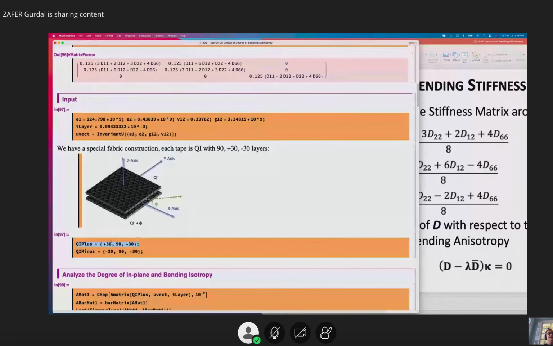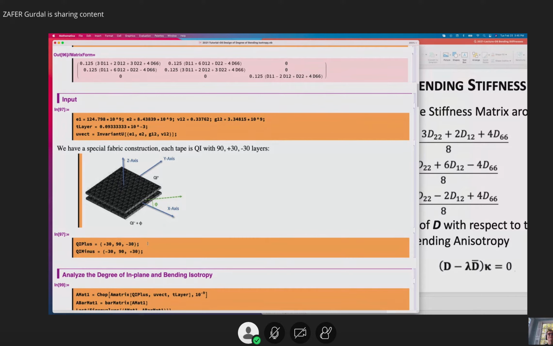This is literally how they stitched them together. So this QI plus is 3 very thin layers. When they stitch it, it's almost like 1 layer of a regular material, but it's quasi-isotropic and made of plus 30, 90, minus 30.